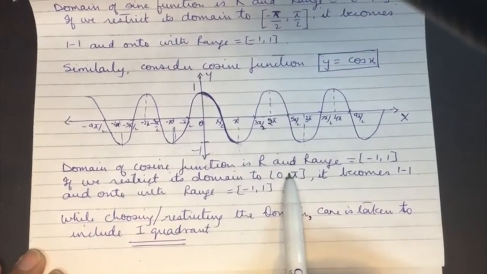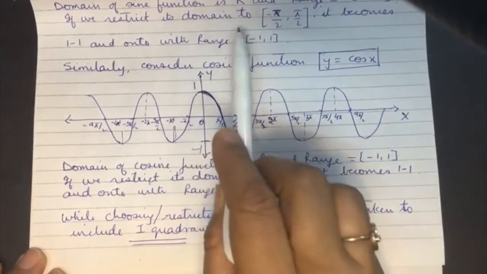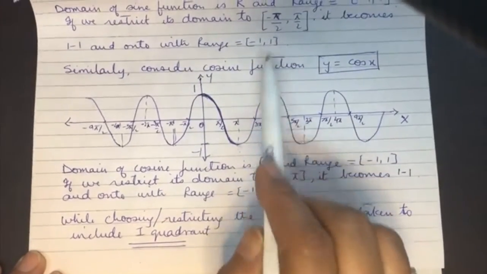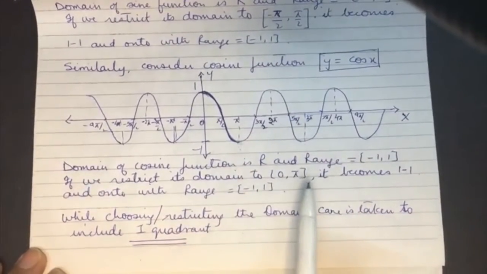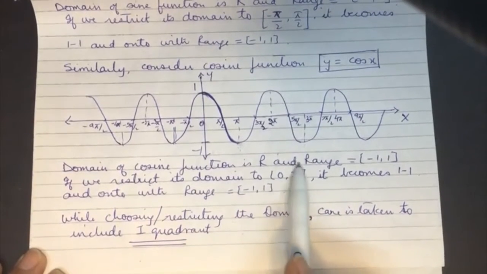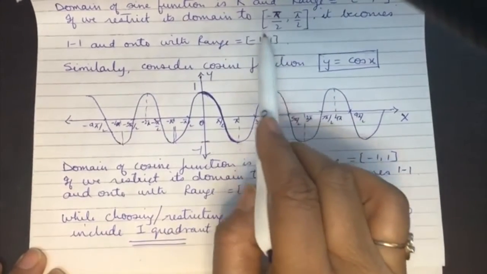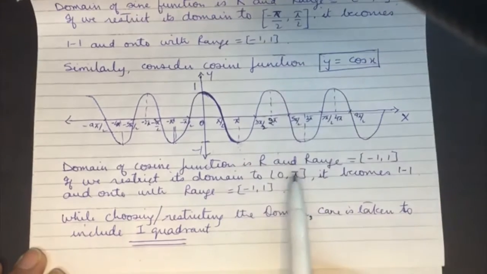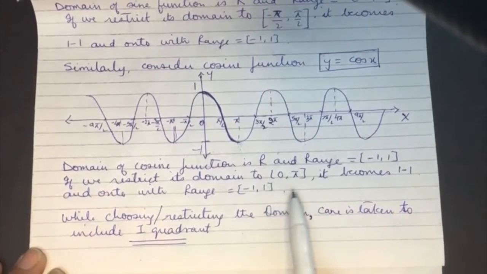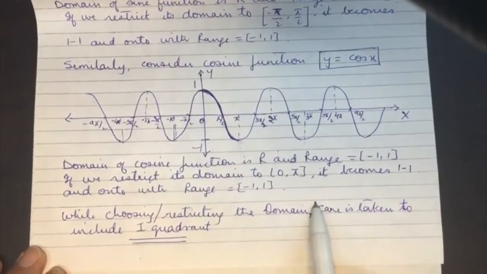Such restrictions of the domain of cosine as well as sine make both functions 1-1 and onto, and hence invertible. And this restricted domain, that is minus pi by 2 to plus pi by 2 for sine and 0 to pi for cosine, makes it invertible, and this branch is called the principal branch.